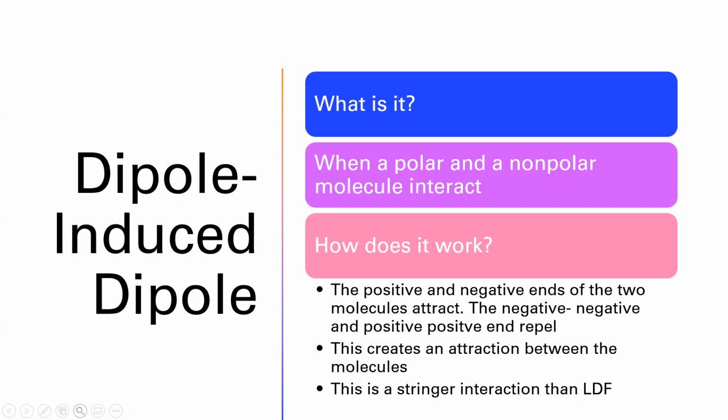So if we had a molecule that had London dispersion forces and dipole interactions, and we were asked which one would be the dominating intermolecular force, it would be dipole. But we also have to take into consideration the size, right? If one molecule is much larger than the other, dispersion forces will likely determine the physical properties.